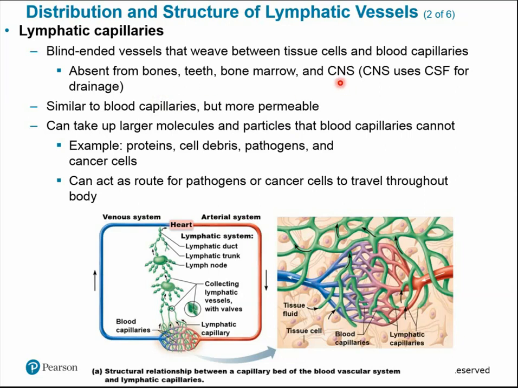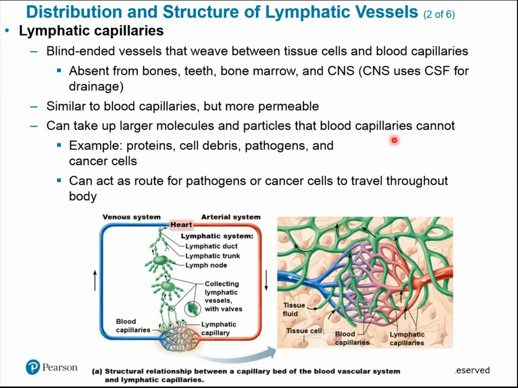So remember from Anatomy 1, the central nervous system is going to use that cerebrospinal fluid to drain and clean its fluids. So because these lymphatic capillaries are more permeable than normal blood capillaries, they can take up larger molecules and particles that normal blood capillaries cannot.